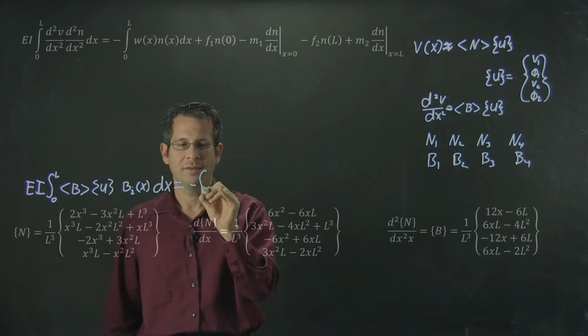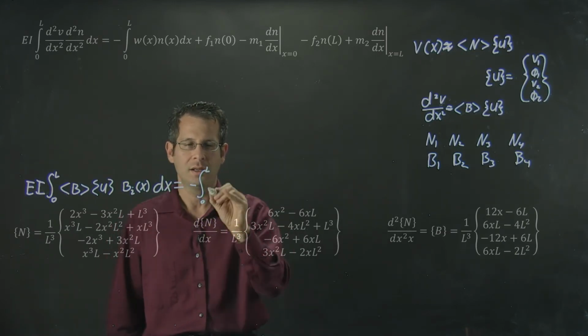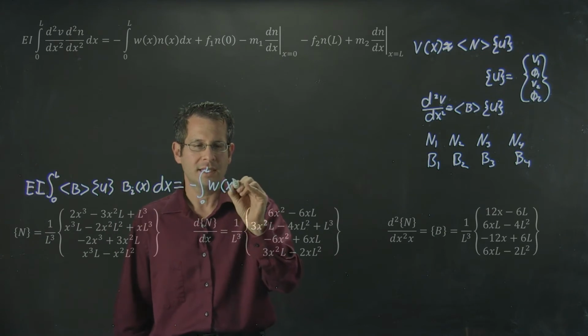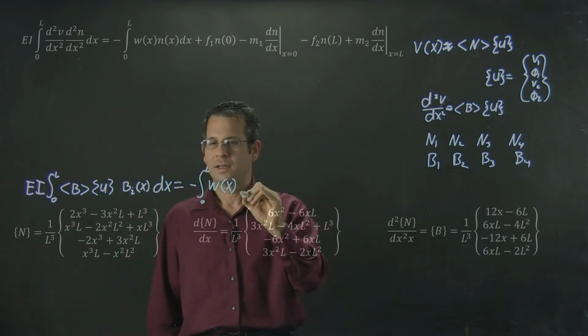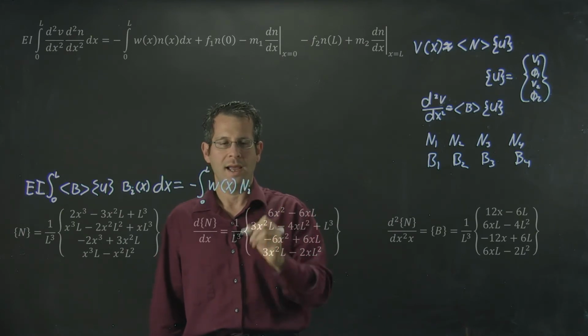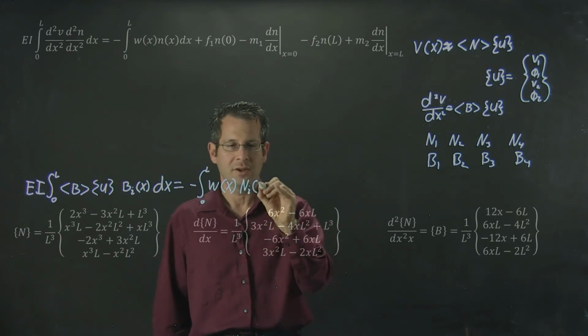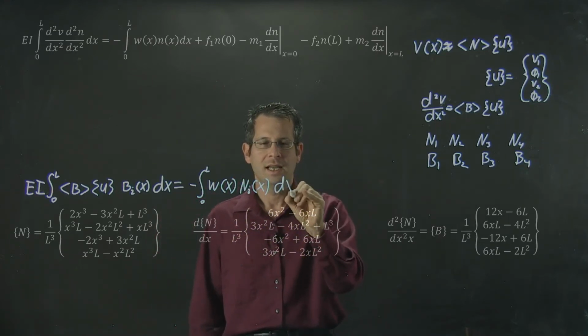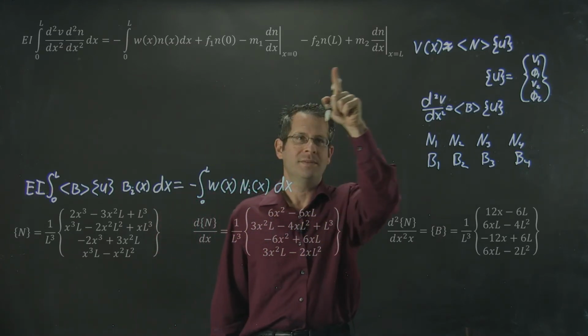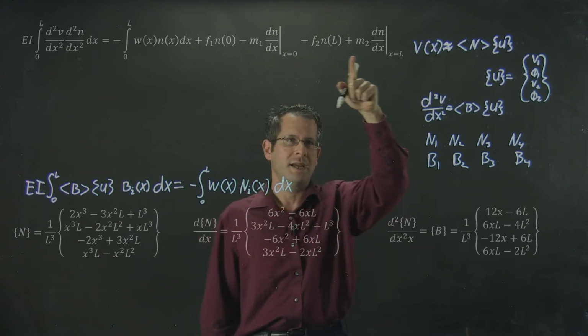Equals negative the integral from 0 to L of w(x), note that's a scalar function, times N_i, which again is a scalar function of x just multiplied by another scalar function, dx, and these 4 terms, which are all scalar functions.